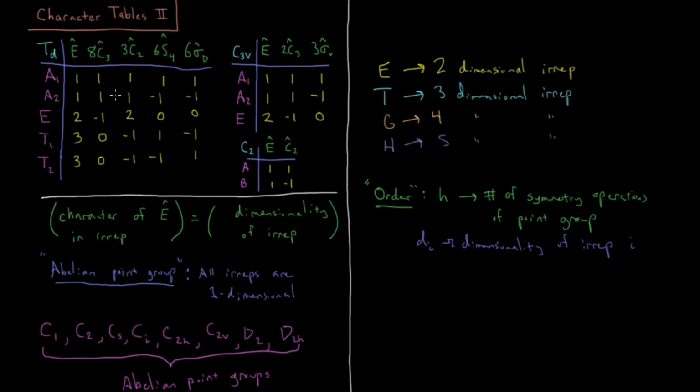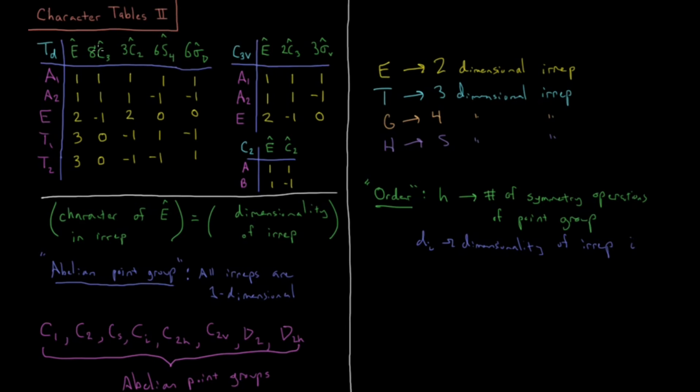You'll notice in these non-abelian point groups, there's the same symmetry for multiple operators that come from the same symmetry element. There are two C3 operators that come from the C3 symmetry element: C3 and C3 squared. There are 3 sigma V's that have the same character.